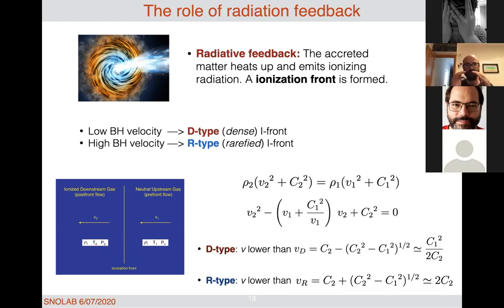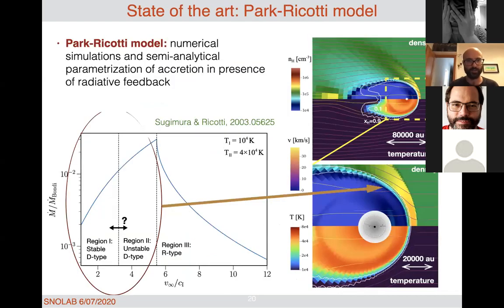So you develop an ionization front, which propagates in the surrounding medium. You can study the properties of this ionization front, and you actually have different types of ionization front with different jump conditions between the upstream and downstream parts of the shock, depending on the black hole velocity. Taking into account this phenomenology, you have a more complicated picture of accretion of matter onto black holes, and you can end up with plots like this one, which is basically the state of the art in the literature.